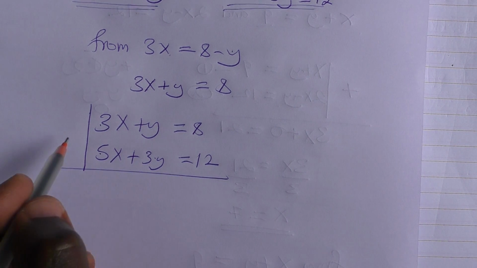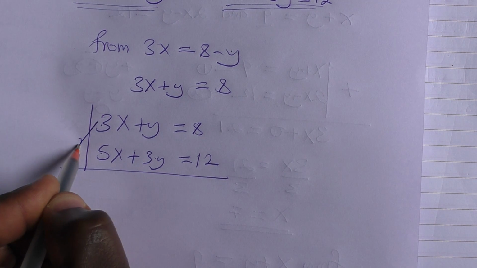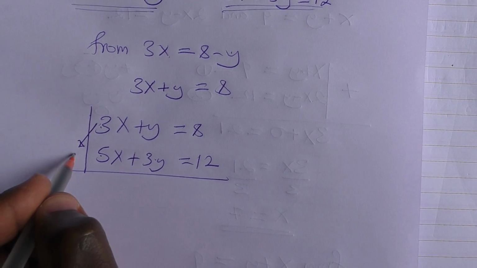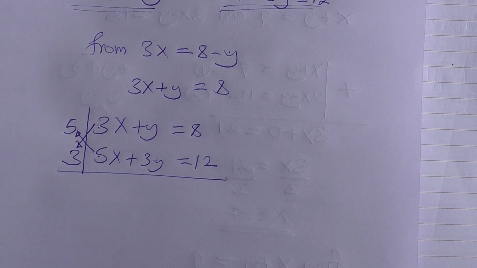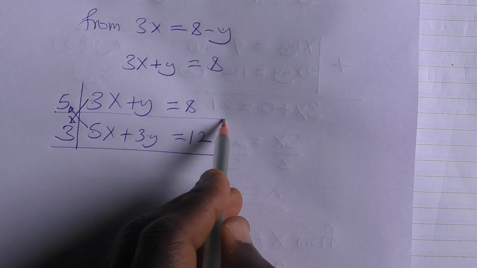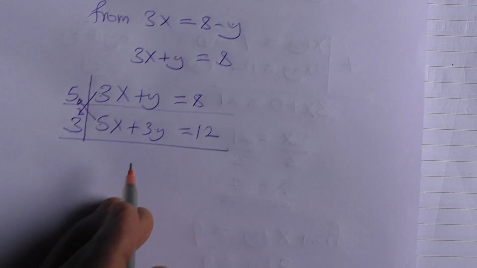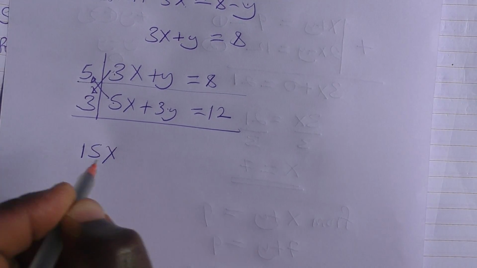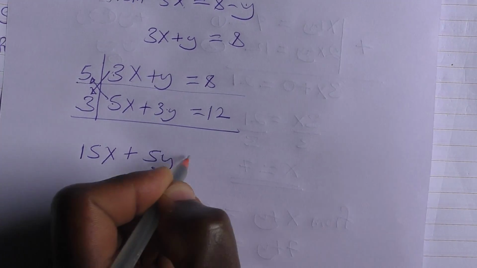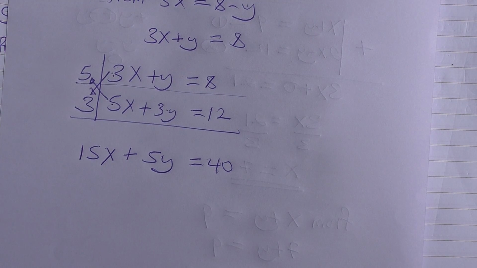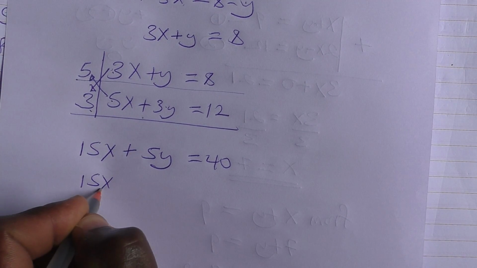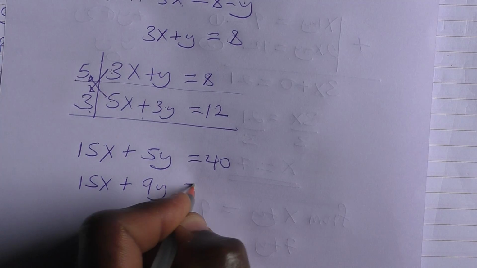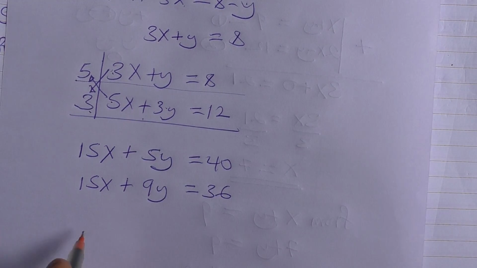Hence, I'll interchange the coefficients. The 3 comes down, the 5 goes up. And after interchanging, the 5 will multiply through the whole equation to give me 15x plus 5y equals 40. The same applies to the 3 to give me 15x plus 9y equals 36.